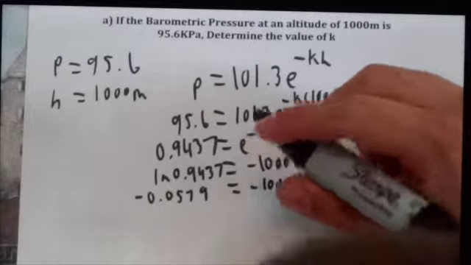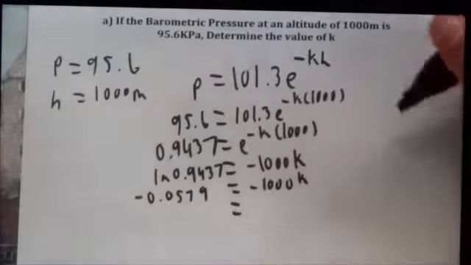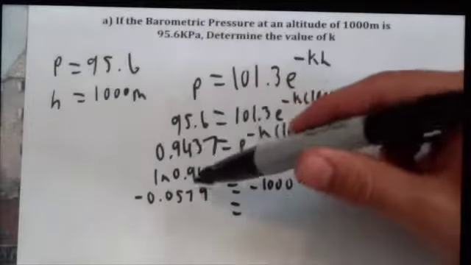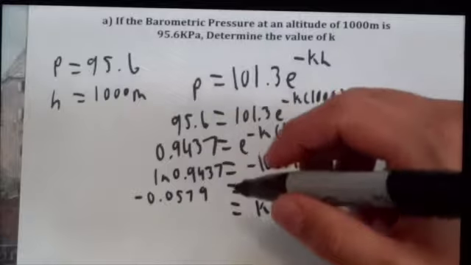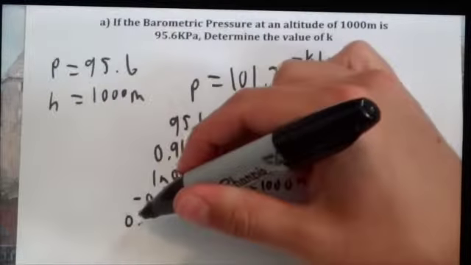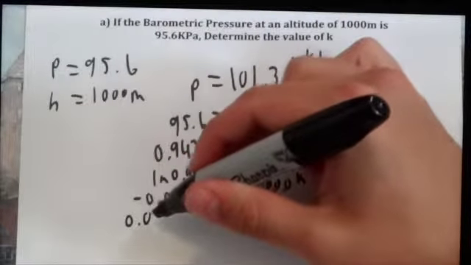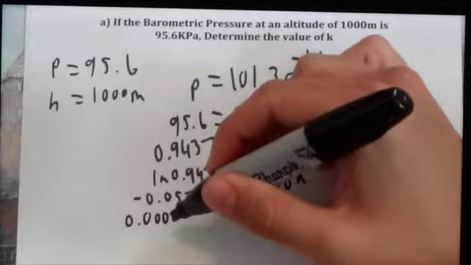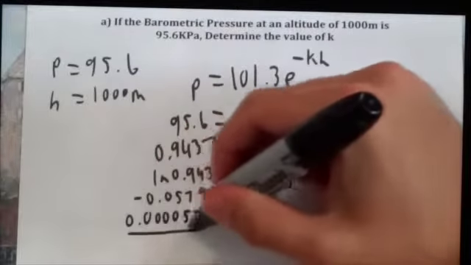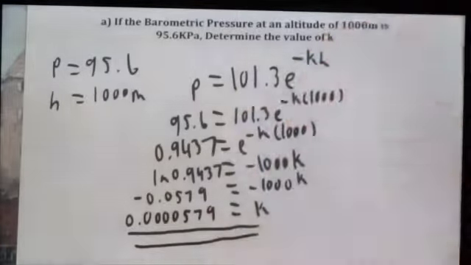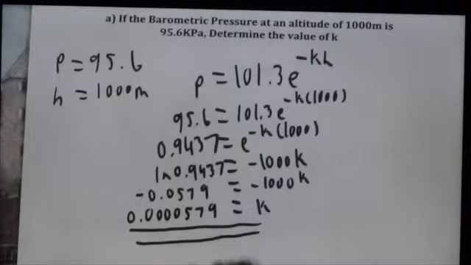Then we divide both sides by 1,000, and by negative, to get rid of the negative 1,000 on this side, and then we get k is equal to 0.0000579. And that's our final answer for A. So now that we figured out part A, we can go on to part B.